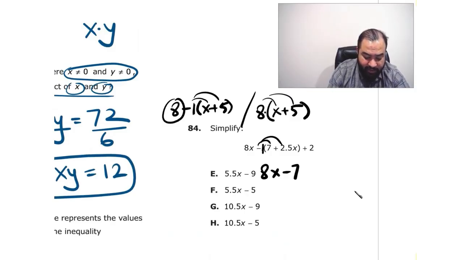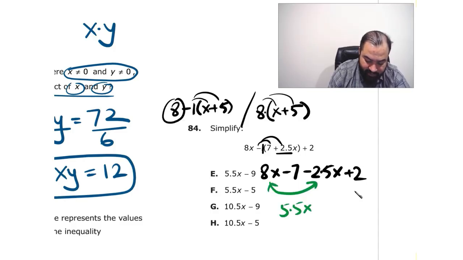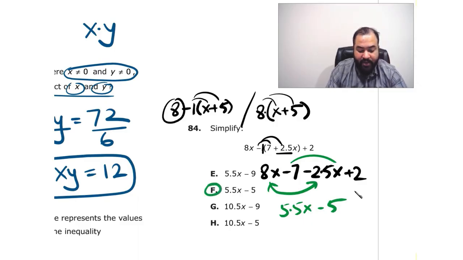And negative 1 times positive 2.5x is negative 2.5x. And then there's a plus 2. So now I can just combine like terms. 8x minus 2.5x is 5.5x, I believe. And negative 7 plus 2 is negative 5. So 5.5x minus 5, that's F. Remember, guys, this negative 1 here has to be distributed.